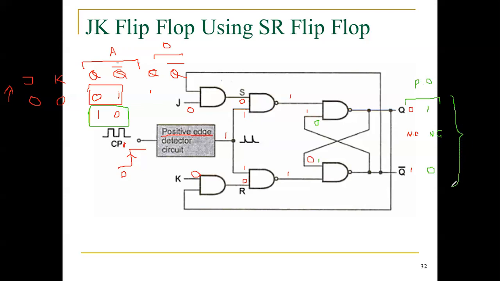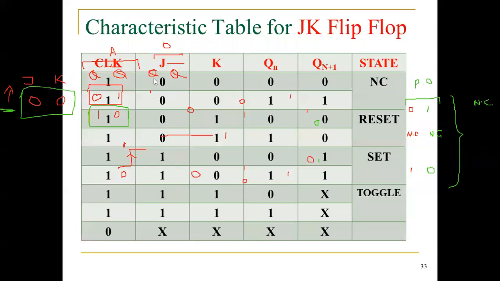So from this, my clock input is equal to positive, J equal to 0, K equal to 0. J and K equal to 0, 0 means Q and Q bar is equal to what? No change, no change in output. Okay, so this is a truth table.